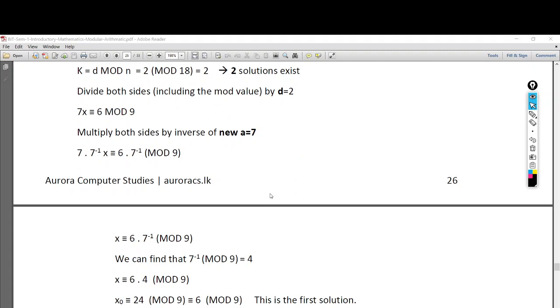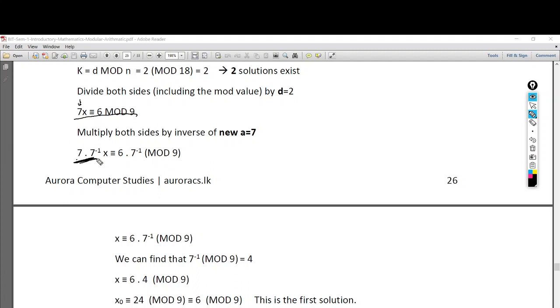Now we know that when you multiply 7 by 7 inverse in mod 9, it is going to be 1. That is why we multiplied by that.